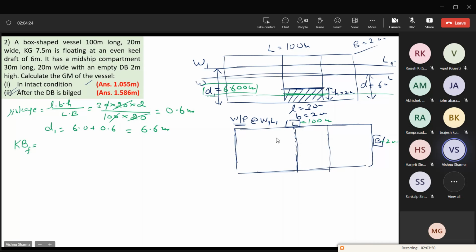First, identify the relevant volume, then identify the lever. So what is the underwater volume up to W1, L1? How much is it? L into V into D1. Okay, guys. Second step, please identify its vertical lever.